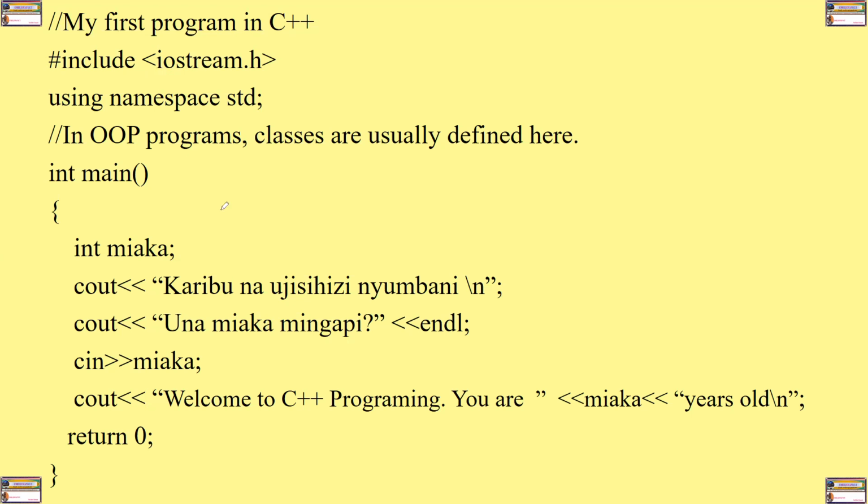And what do these functions do? For input, they have the definition for cin, console input, and for output, cout, console output.